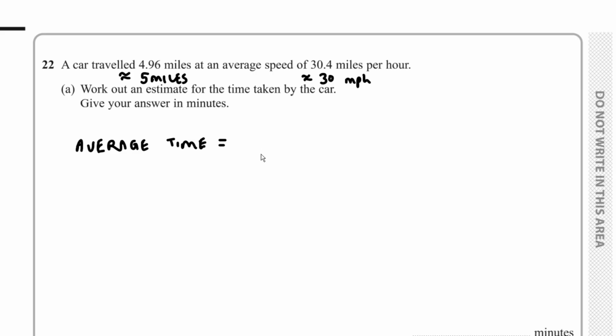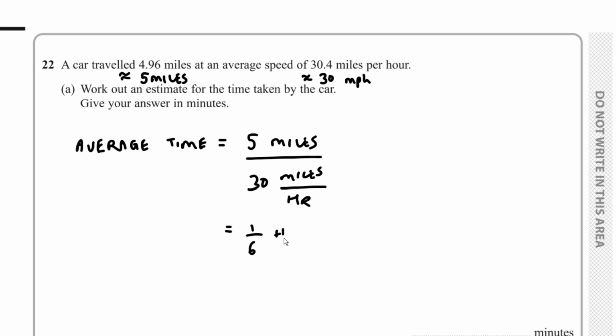The distance is 5 miles, so here I would have 5 miles divided by 30 miles per hour. So here I get 1/6 of an hour, which is equal to 10 minutes.